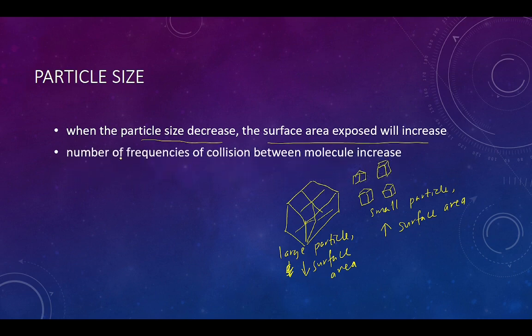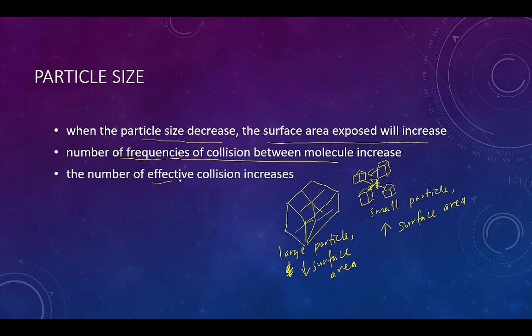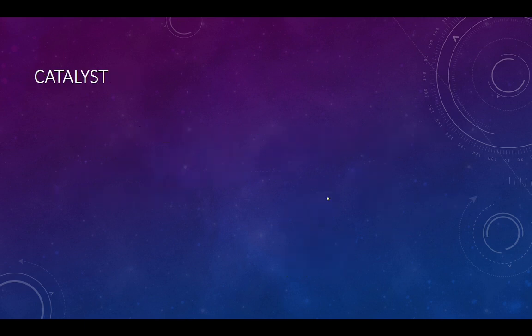Again, the frequency of collision increases. So the particles can collide with each other much more frequently, and effective collision also increases. How can we get effective collision? It must collide with equal or higher energy than EA, the activation energy. So the reaction rate will increase.